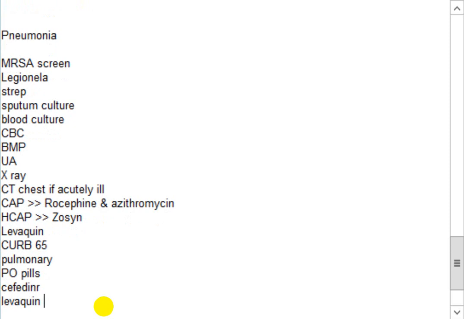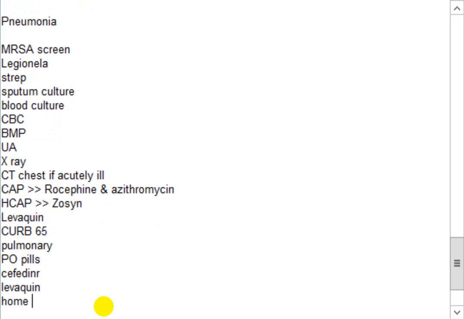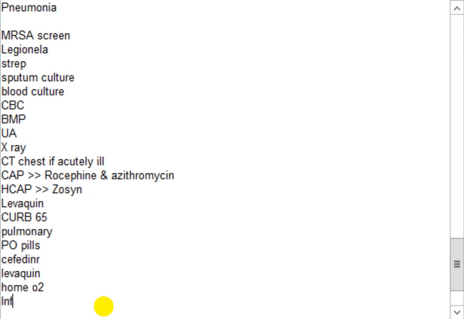Send them home on oral medications, and you can evaluate for home oxygen use as well if they have a hard time getting off of oxygen. And make sure you mention in the note to get vaccinated at the PCP office for pneumonia, influenza, and these kinds of things. Actually, I've seen really bad influenza, so sometimes people who don't take the influenza vaccine, it could be really bad, and they will be on Vapotherm.